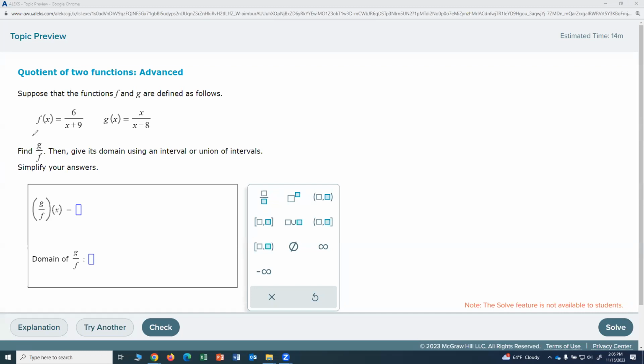Okay, so I want to find g over f. So notice here it's actually a little different. Before we were finding f over g, but here we want g over f. So g is x over x minus 8. I'm going to divide by the f function, so divide by 6 over x plus 9.